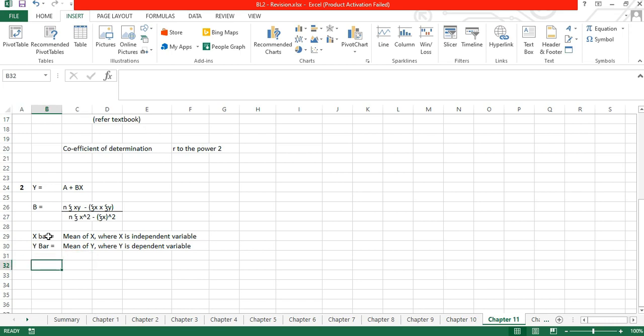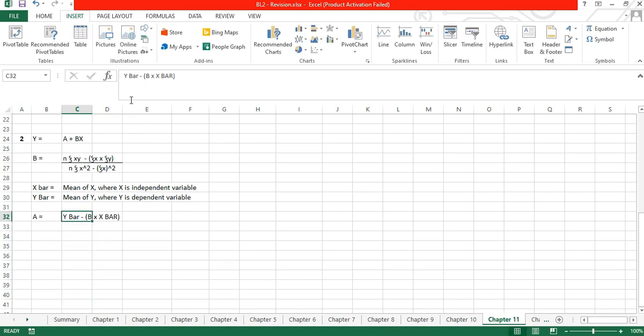Alright. And then A is equal to y bar minus B multiplied by x bar. Okay. Now we got our equations.